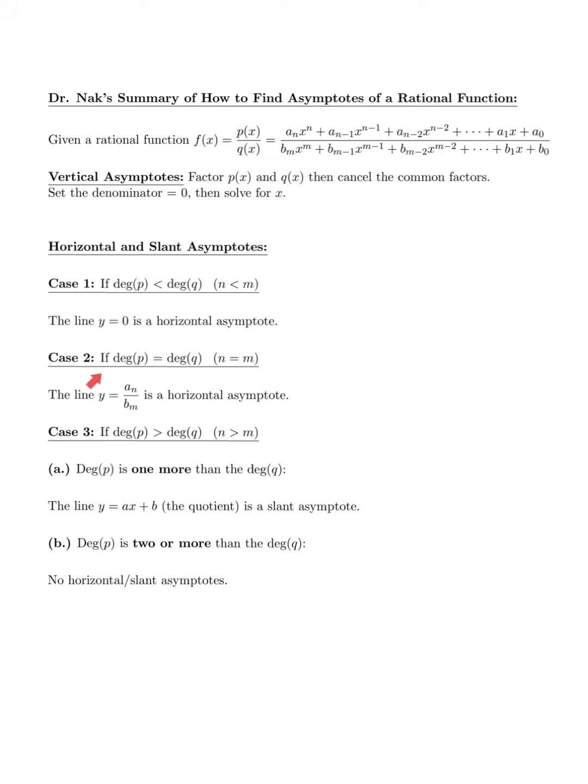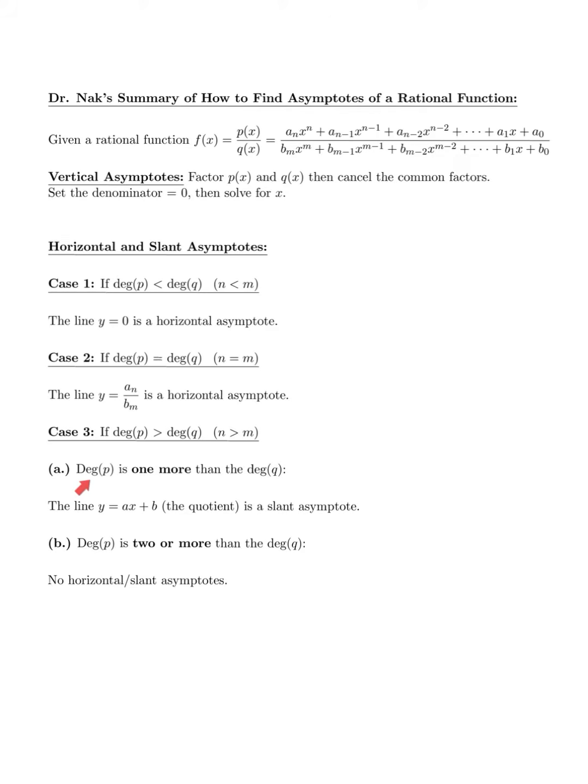Case 2, if the degree on the top is the same as the degree on the bottom, then the line y equals the leading coefficient on the top over the leading coefficient on the bottom is a horizontal asymptote. Now let's look at case 3. Suppose the degree on the top is bigger than the degree on the bottom. There are two cases here.